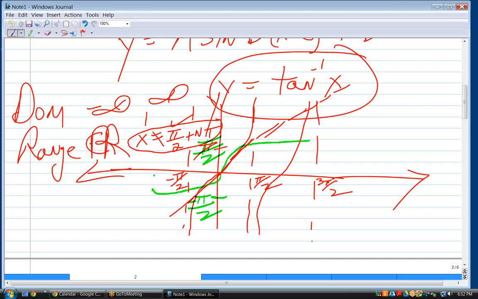So as x increases, y approaches pi over 2. And as x goes to negative infinity, y approaches minus pi over 2. Okay. All right. What else you got?